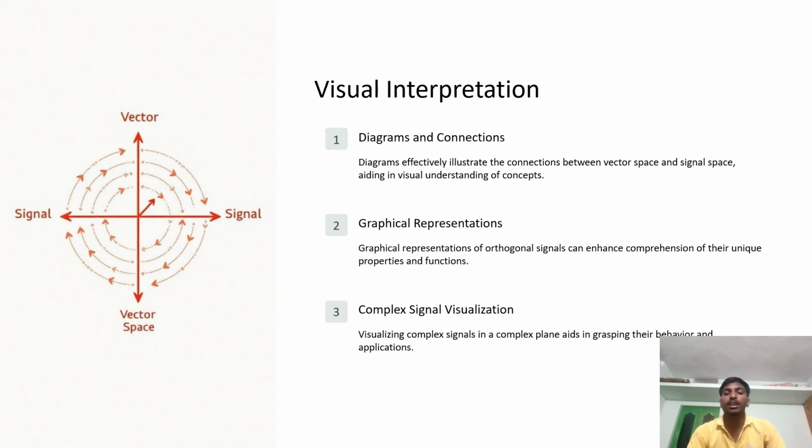Graphical representation of orthogonal signals can enhance comprehension of their unique properties and functions. Third one, complex signal visualization. Visualizing complex signals in a complex plane aids in grasping their behavior and application.